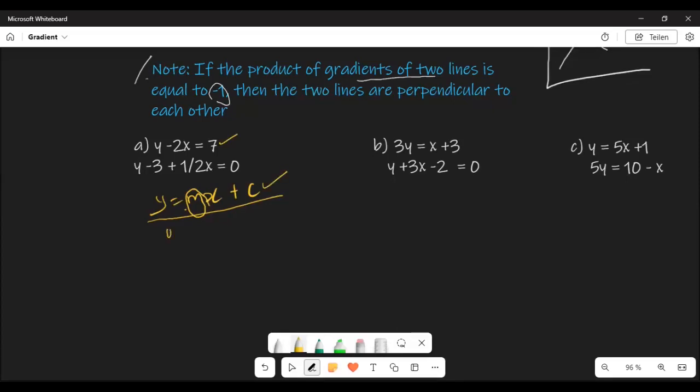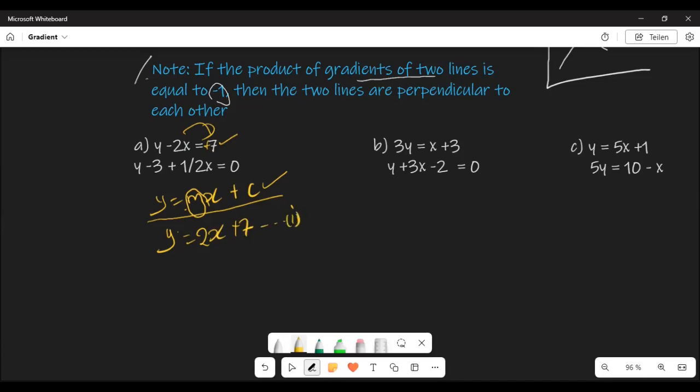So y, minus 2x, if it crosses to the other side, gives us +2x. So y equals, and 7 here is also positive, 2x plus 7. That's equation 1.